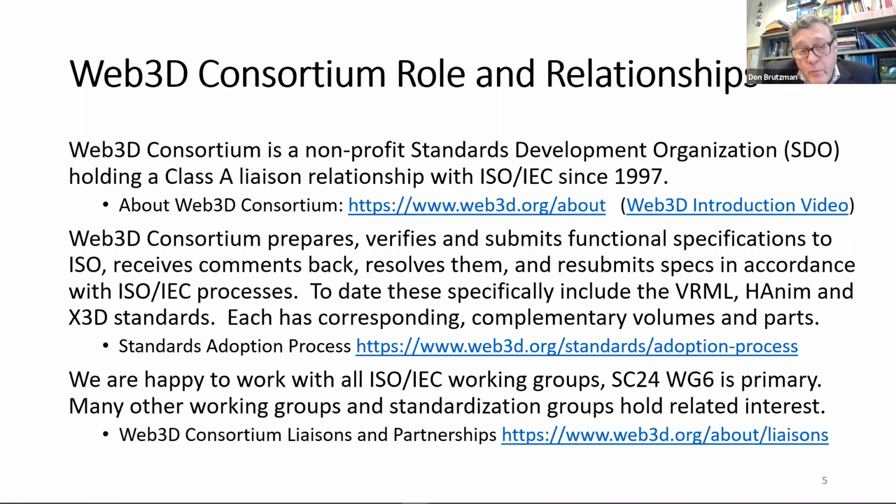The original was VRML 1. VRML 97 had 2 iterations, VRML 2.0 and then a revision to it. And then when we went to X3D, it became 3.0, which then led to 3.1, 3.2, 3.3, and now we're on 4.0. So you can see that we've had a lot of versions over the years.